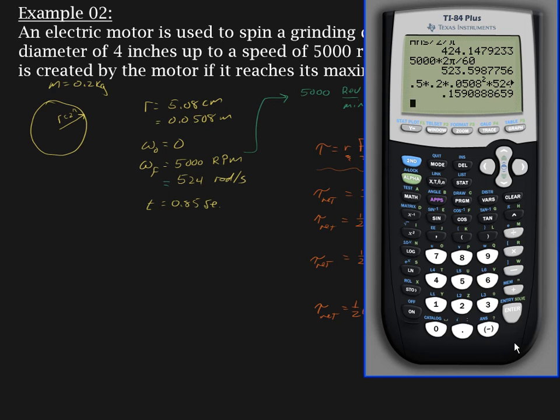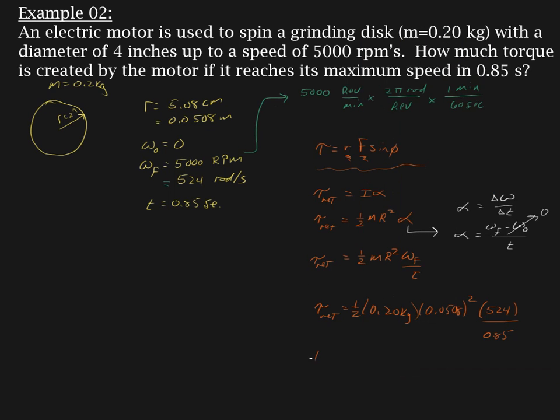And that's going to give us 0.159 meter newtons. So tau net is equal to 0.159 meter newtons.